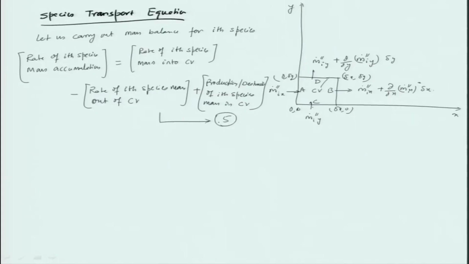Make sense? Now, what is this rate of ith species mass accumulation? The rate of ith species mass accumulation in the CV will be rho y_i into delta x into delta y into, of course, 1, therefore the volume is taken.